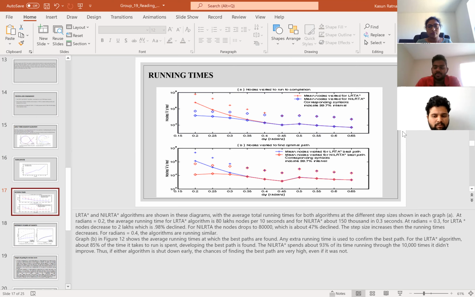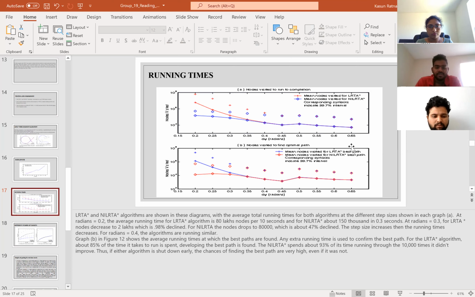At radians 0.3, for LRTA the nodes decrease to 2 lakhs, which is a 0.98% decline. For NILRTA, the nodes drop to 80,000, which is about a 47% decline. As the step size increases, the running time decreases. For radians equal to 0.4, the algorithms run similarly.